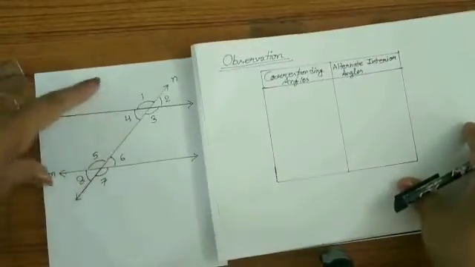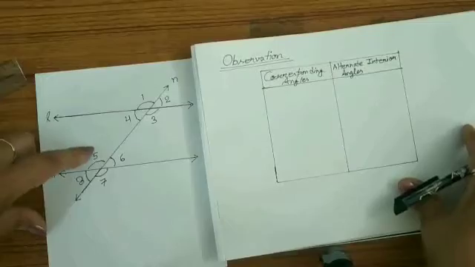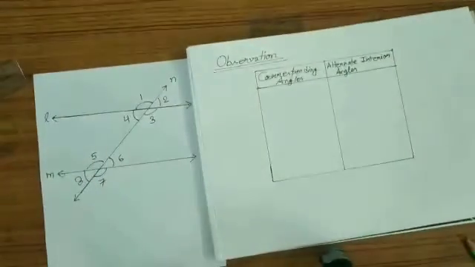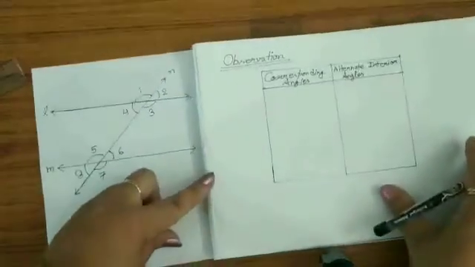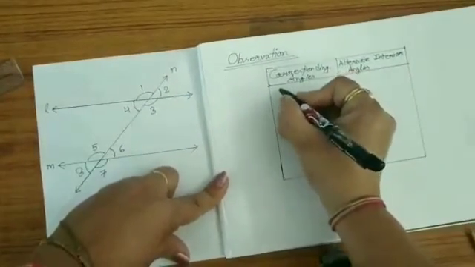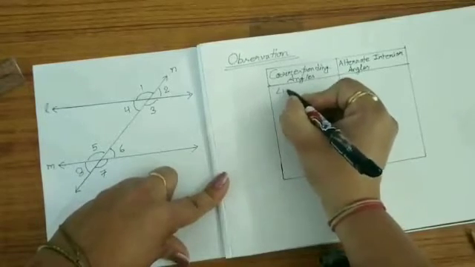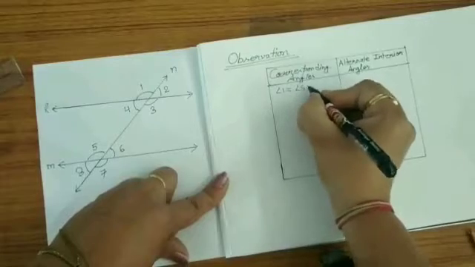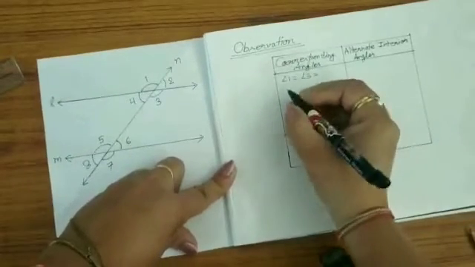We can see here angle 1 is equal to angle 5. Why? Because they are corresponding angles. So when we measure it with the help of a protractor, we will see that their angles should be equal. So firstly I am writing here what the corresponding angles are. Angle 1 equals angle 5. Their measurement we will write afterwards.